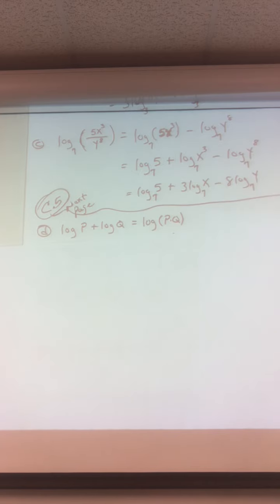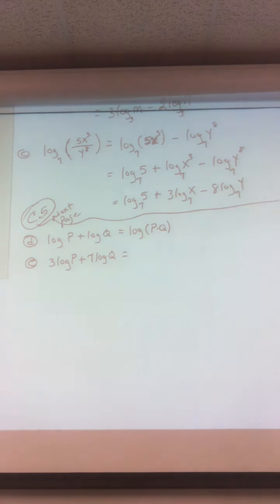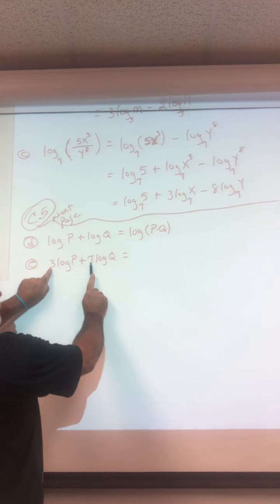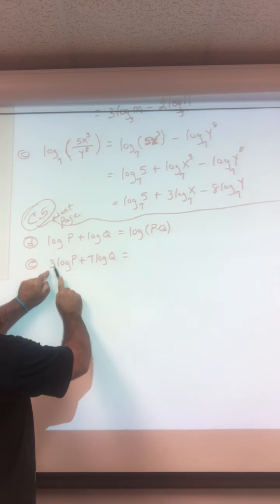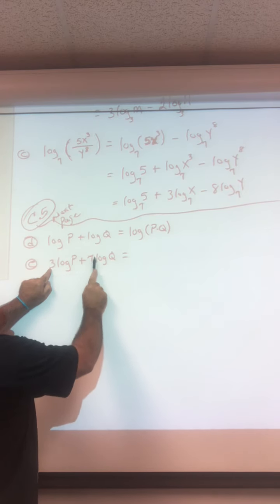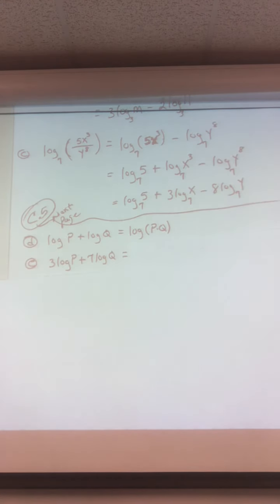All right. Let's do another one. Now, on this one, we've got a number in front of this log, a number in front of this log. So we're going to take this number, put it back up, this number, and put it back up. So we're going to do this in two steps.